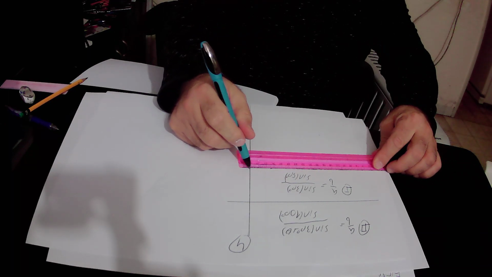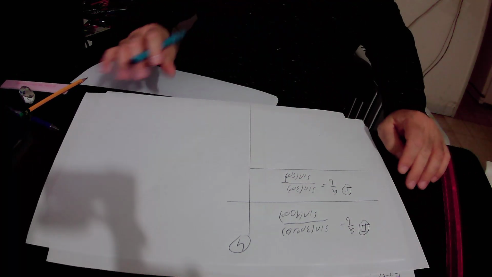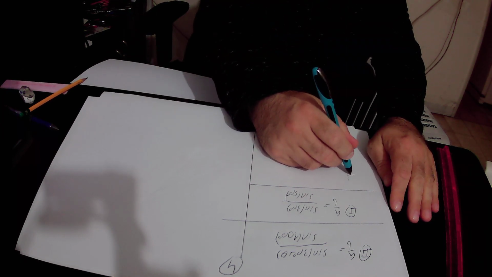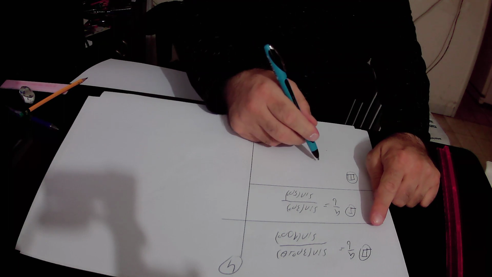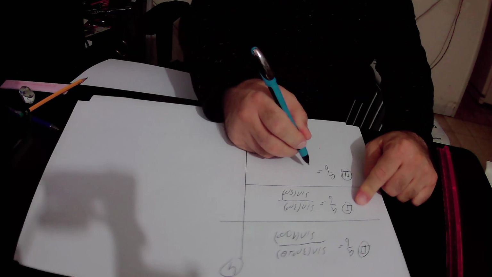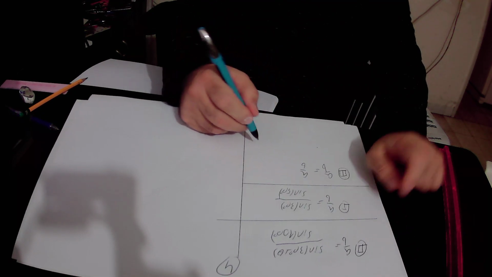So we can create here equation number 3 that states that A over B according to equation number 1 equals A over B according to equation number 2.